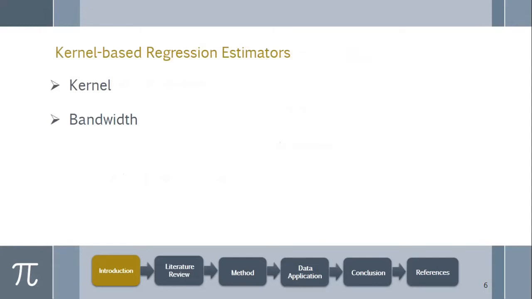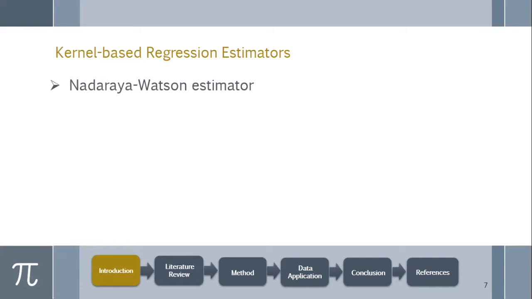This type of estimators rely on kernel and bandwidth. A kernel is a weighting function that assigns weights to observations based on distance to the target point. And this distance is the bandwidth. There are different types of kernel-based regression estimators.